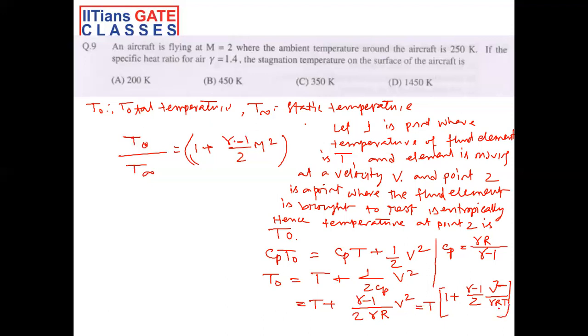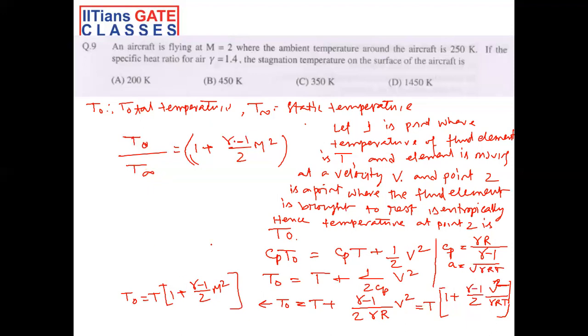All right. Now this gamma R T is basically, so the speed of sound a is defined as under root of gamma R T. So gamma R T can be written as a square. So if we substitute this gamma R T with a square, T naught will become T into 1 plus gamma minus 1 by 2 M square, right, which is this expression.